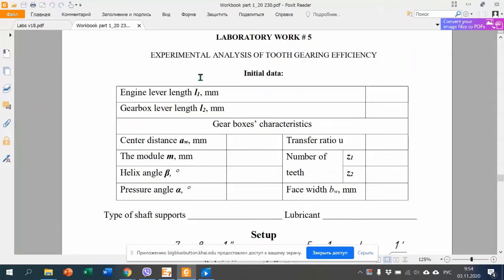In the previous laboratory work we considered the efficiency of a planetary gearbox, and I told you we used the so-called direct scheme.